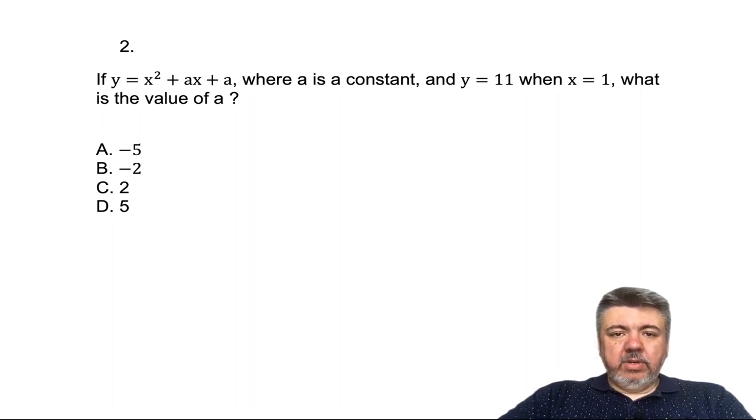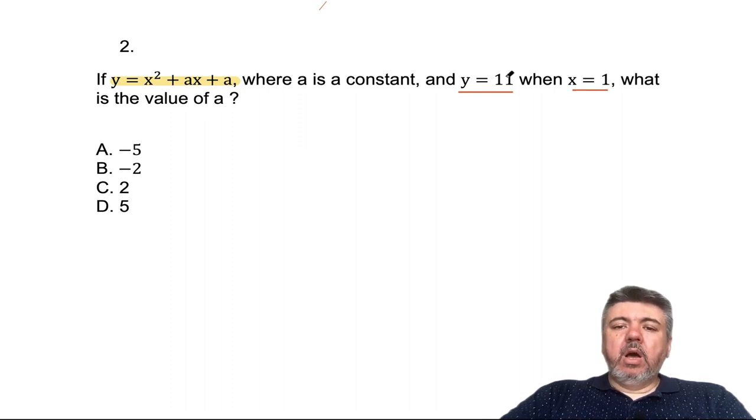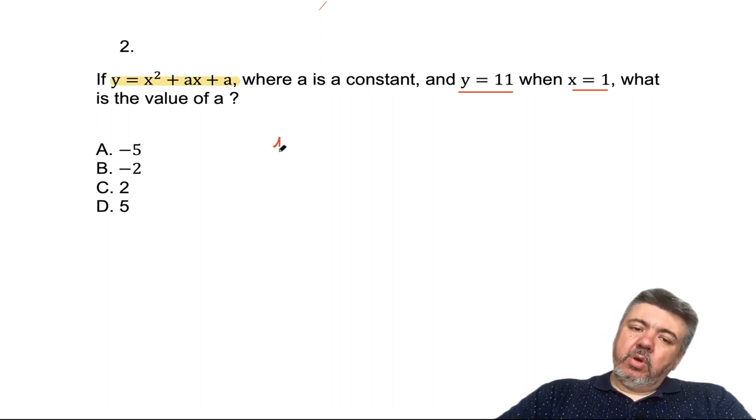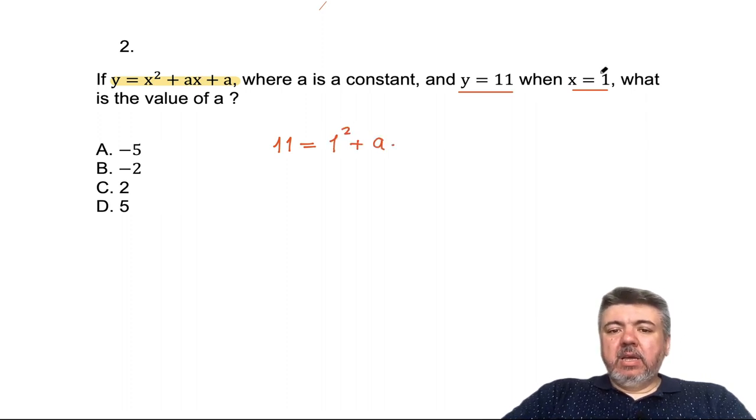In the second question, we are given y equals x squared plus ax plus a. Very crowded here. But luckily, they give me y equals 11 and x equals 1. So I will write 11 instead of y. So it is 11 equals 1 squared, plus a times 1, plus a.